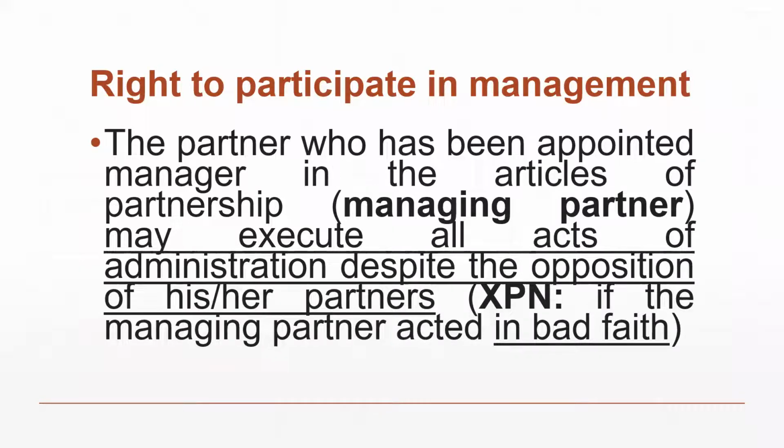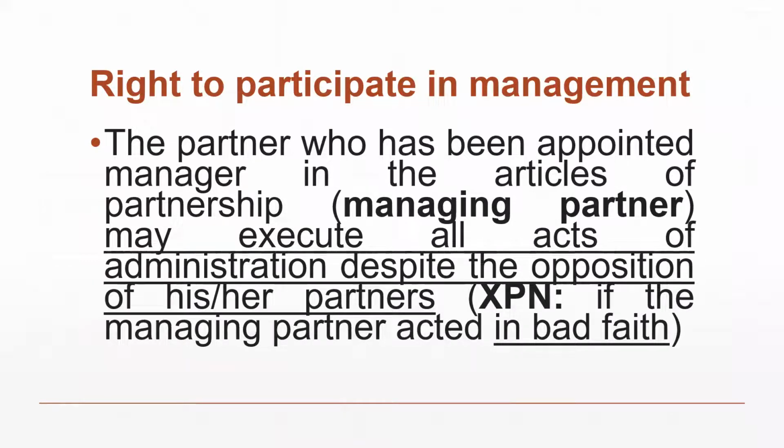And therefore, the managing partner is allowed by the law to execute all acts of administration despite the opposition of his or her partners. Basically, the law gives ample discretion, ample elbow room for the managing partner to manage the partnership. Of course, there is an exception to this rule.